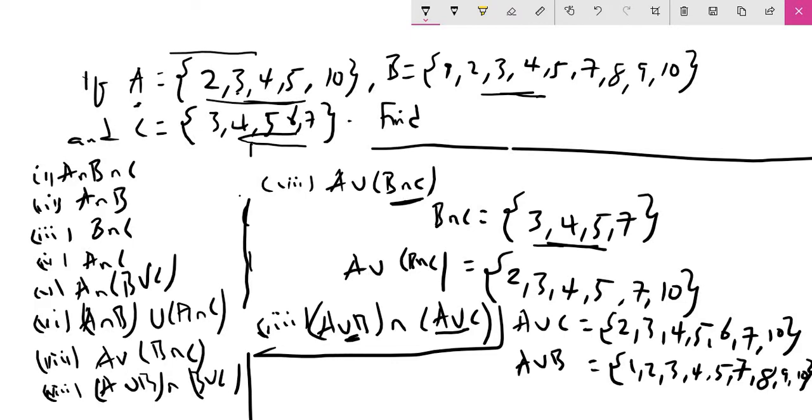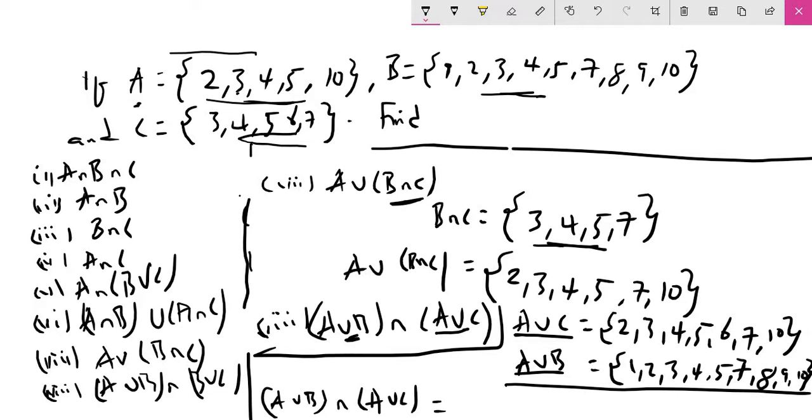So it's basically the set B. So now finding the intersection of this means we write out the elements that are common in both this set and that set. So A union B intersection A union C is given by the intersections. So we have 2, 3, 4, 5, 7, and 10. And that's the answer to that.